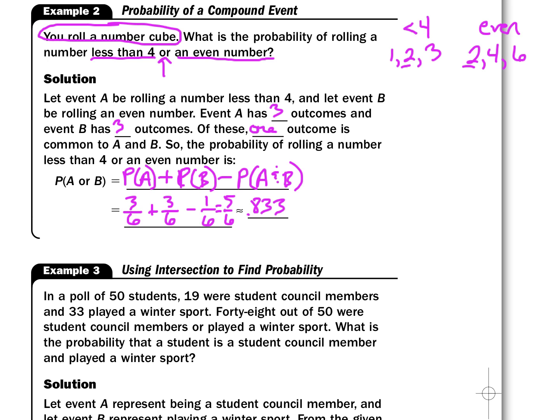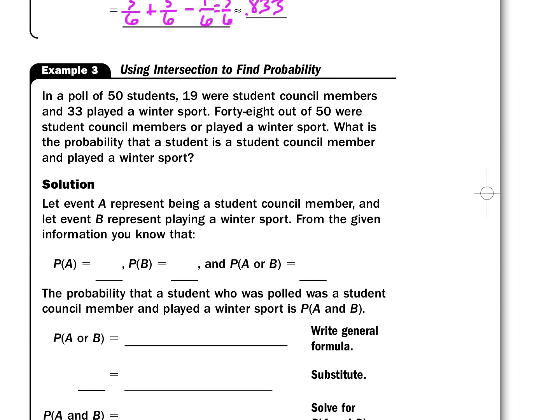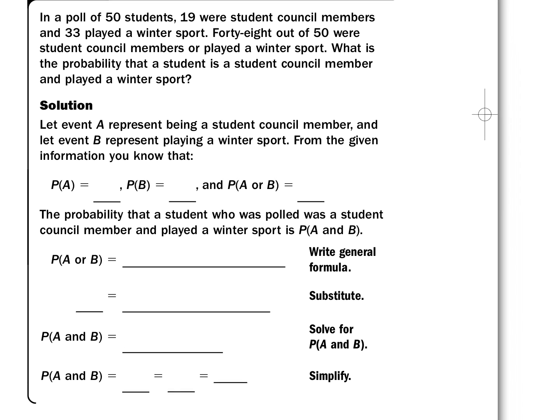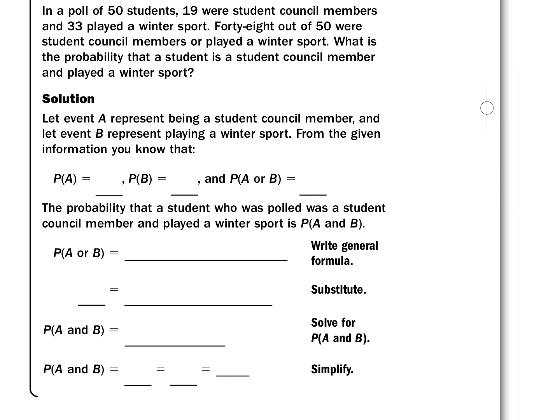Now, using intersection to find probability, so using groups that intersect. In a poll of 50 students, 19 were student council members. 33 played a winter sport. And 48 out of 50 were student council members or played a winter sport.